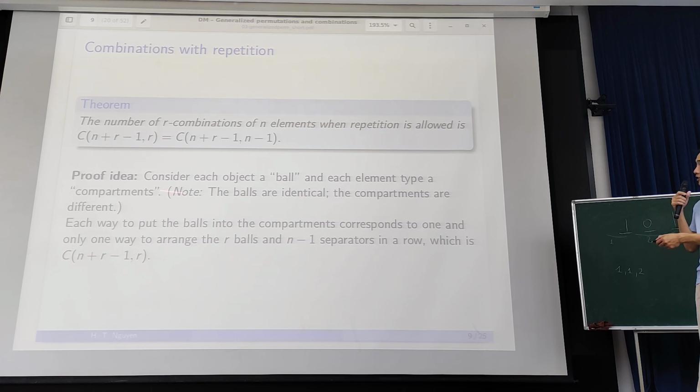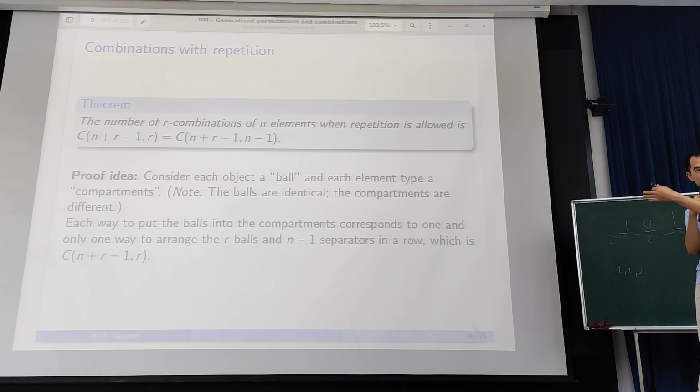Now, of course, the proof is basically the same as the illustration that we used for the previous example. Here our n elements are the n boxes, and the number r is equivalent to r balls. For n boxes, we have n-1 separators.